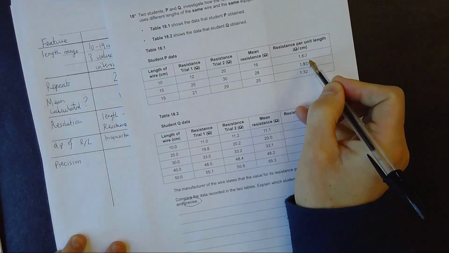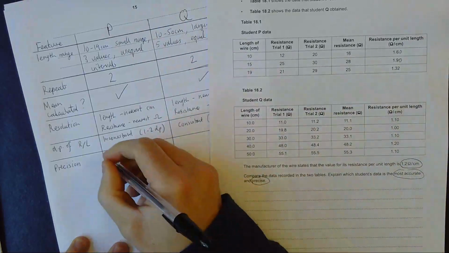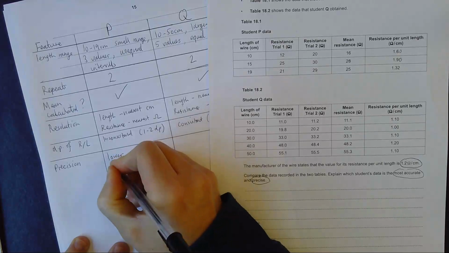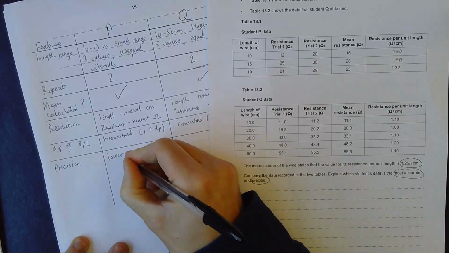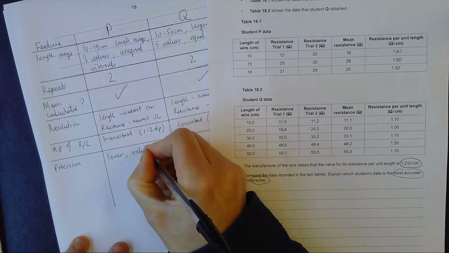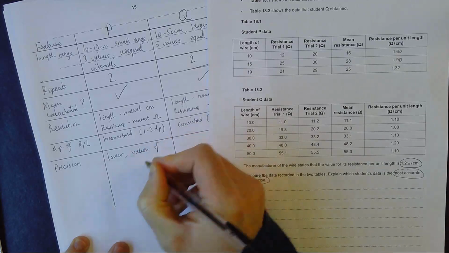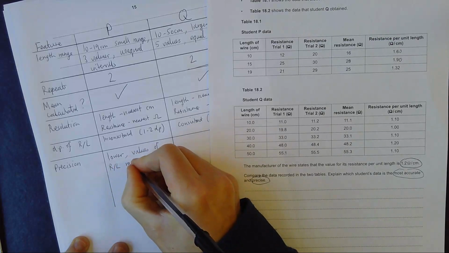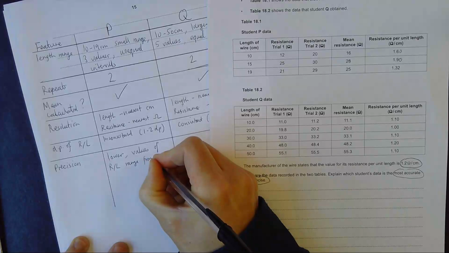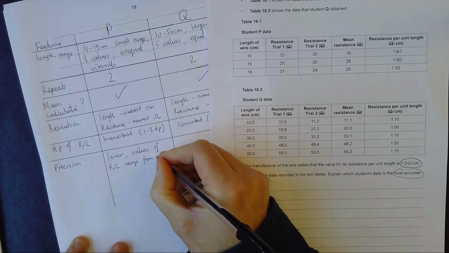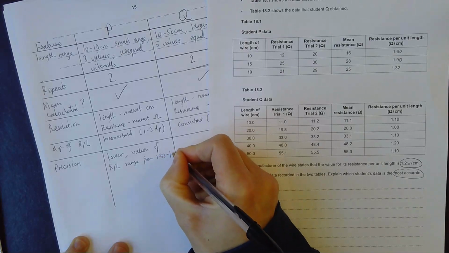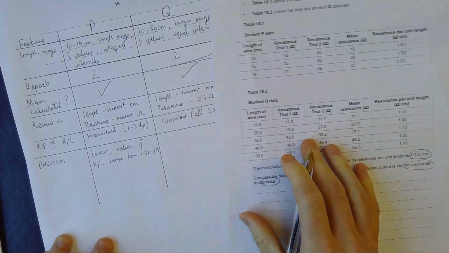So I would say that for experiment P, the precision is low, and I'm going to quote some values here. The precision is lower, and the values of the resistance per unit length range from 1.32 to 1.9, so quite a big spread comparatively.